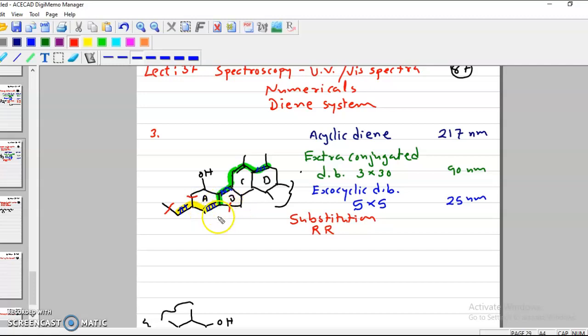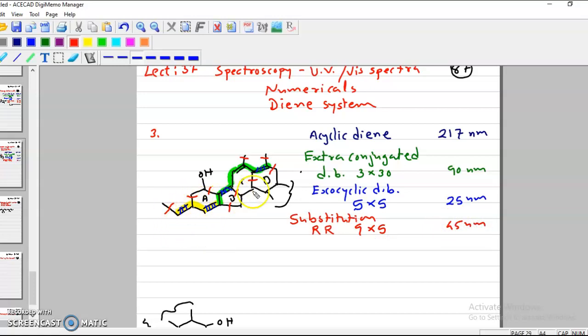Fourth one is this one. For fifth one, this one will be RR. Next is this, so this will be RR. Over here, nothing, and then here, this is RR. For this one, we have this RR, and for the last one, we have 1 and 2. So number of ring residues: 1, 2, 3, 4, 5, 6, 7, 8, 9. So 9 into 5, 45 nanometer is added for ring residues.